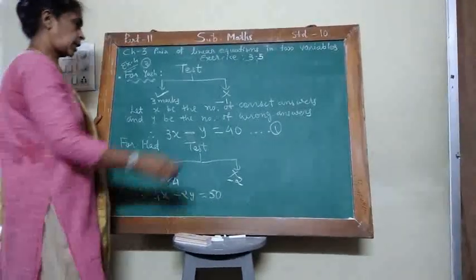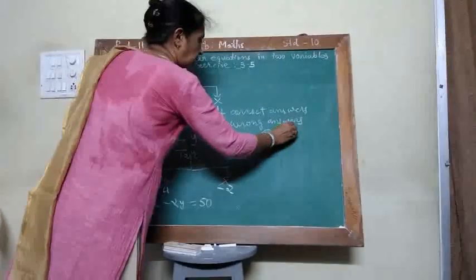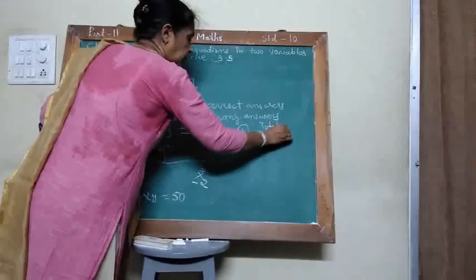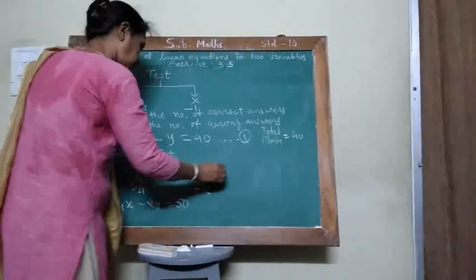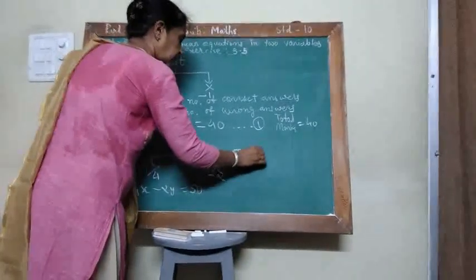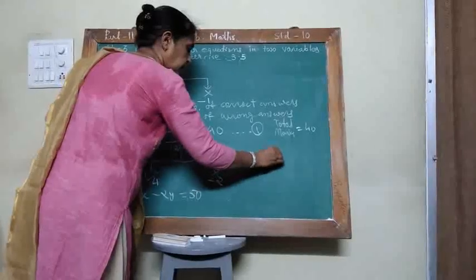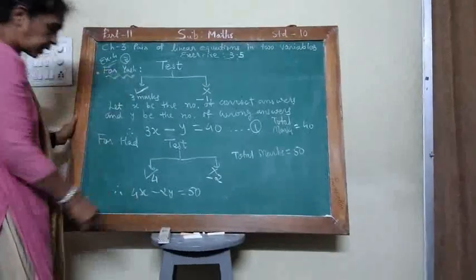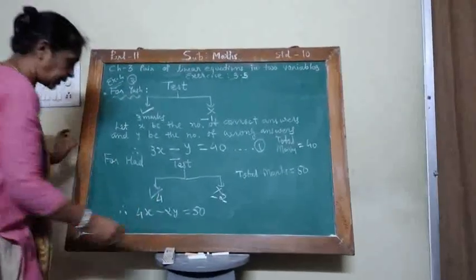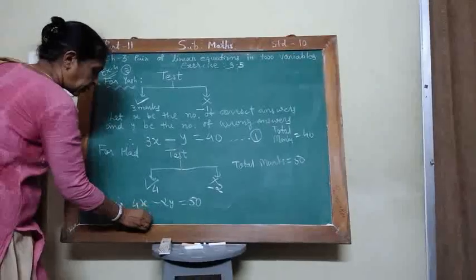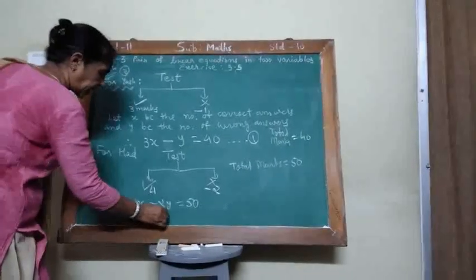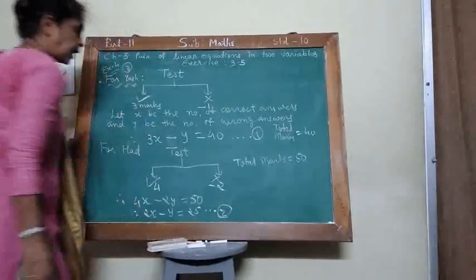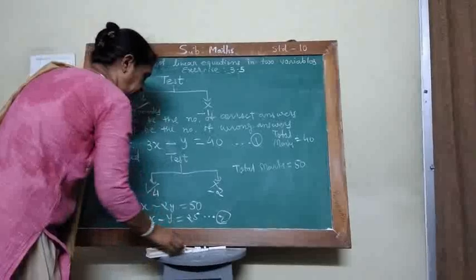Okay. Here you write total marks equal to 40, and here total marks equal to 50. See, all the terms are even, so divide by 2 so that it becomes reduced: 2x minus y is equal to 25. Second equation. And we solve 1 and 2 by which method?